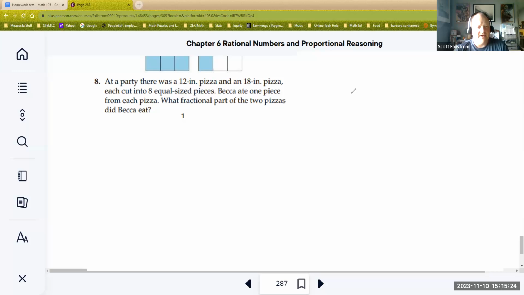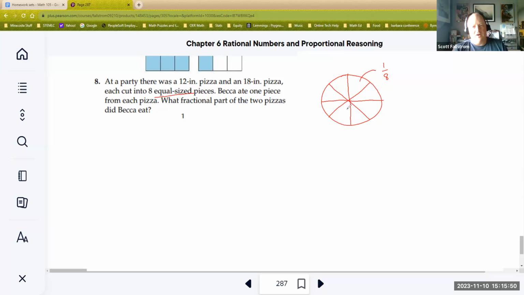It says each one is cut into 8 equal-sized pieces. Now they're equal sizes. So even if I don't draw a perfect picture here, this would be 2 equal sizes. There's 4. And every time you cut them in half, you get equal-sized pieces. So this is what it would look like. Each one of these pieces would be 1/8 of the entire pizza.